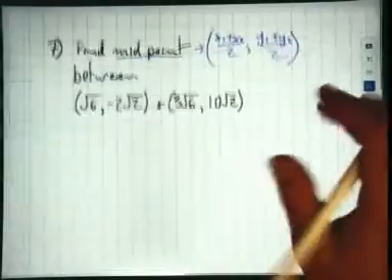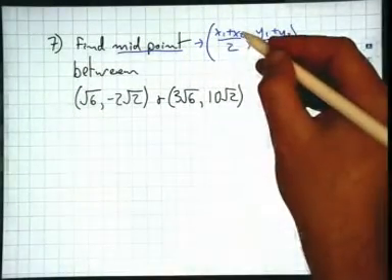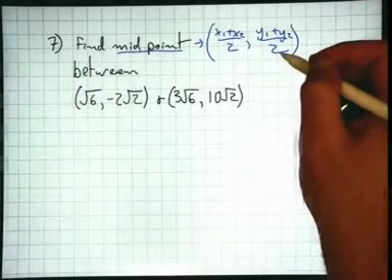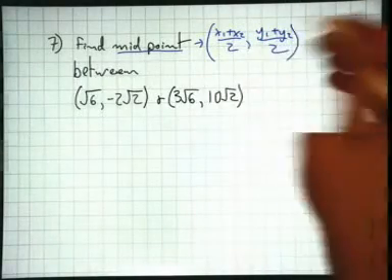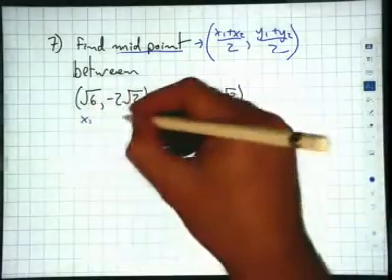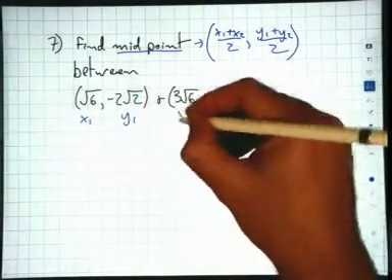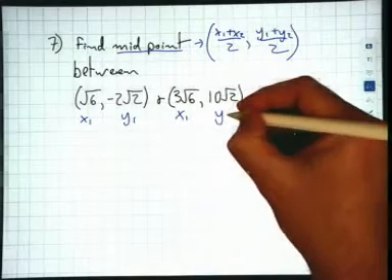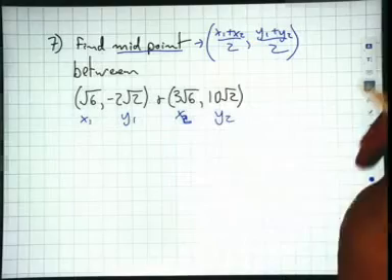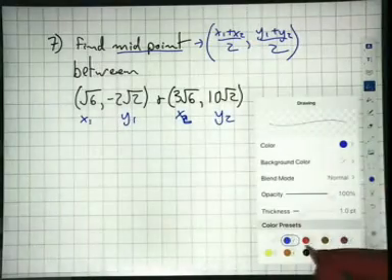So we're taking the sum of the x's, dividing it by 2. We're taking the sum of the y's, dividing that by 2. And this is an xy coordinate that gives us the midpoint. So again, I call this my insurance policy. I'm labeling my points so that I don't mess things up in the plugging in process.